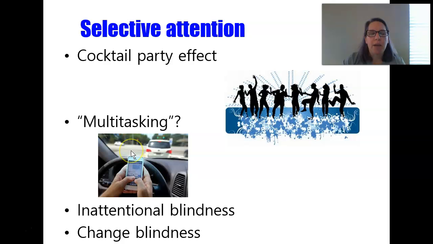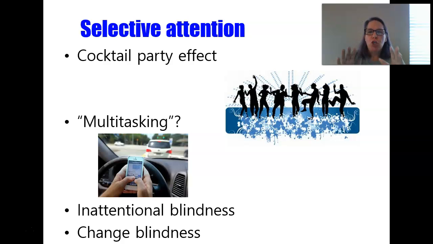Selective attention, multitasking. I don't think I've had this conversation with you in class yet, but multitasking is not a thing. Everyone says, oh, I'm really good at multitasking. It's okay. It's really not a thing. Your brain cannot focus 100% of its attention on more than one task at a time. So you might think that you're multitasking, like I'm doing homework and I'm listening to music and I'm on Snapchat answering my friends' snaps.